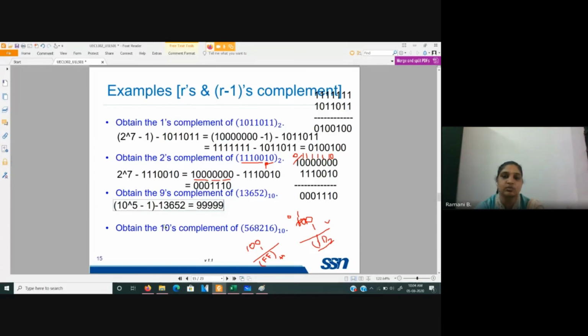That is 10 power 5 minus 1 minus 13652. Making the subtraction, you can see that each digit is subtracted from 9. So 8, 6, 3, 4, 7. That will be the nines complement of this number. Okay. You could always check it.